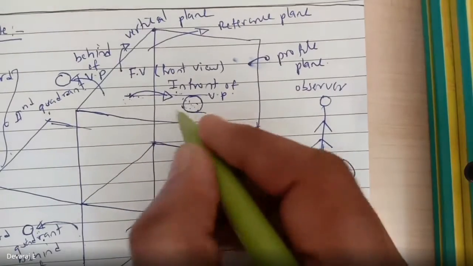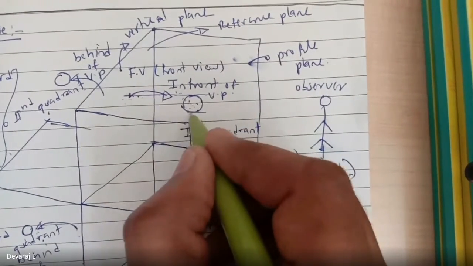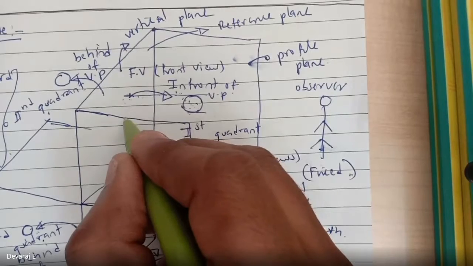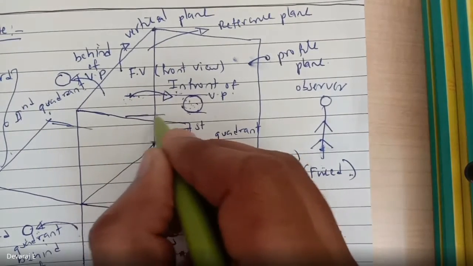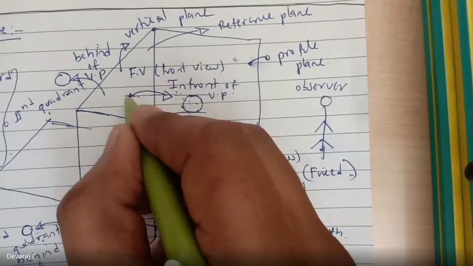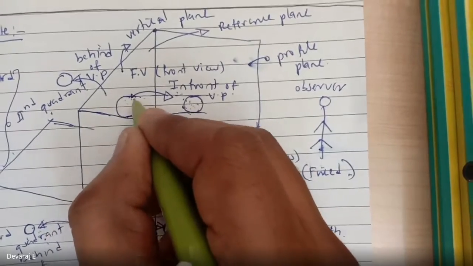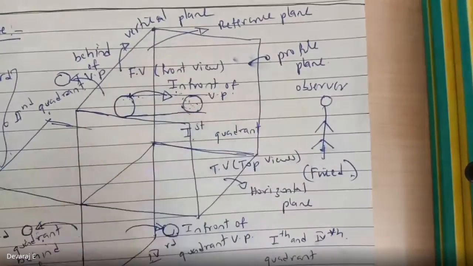When the projectors fall on the profile plane, you can see the view like this. So this is your front view.